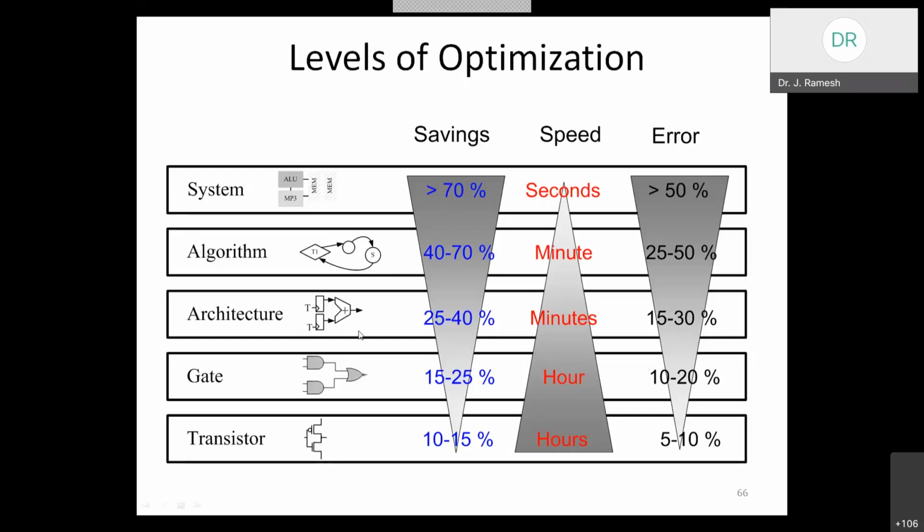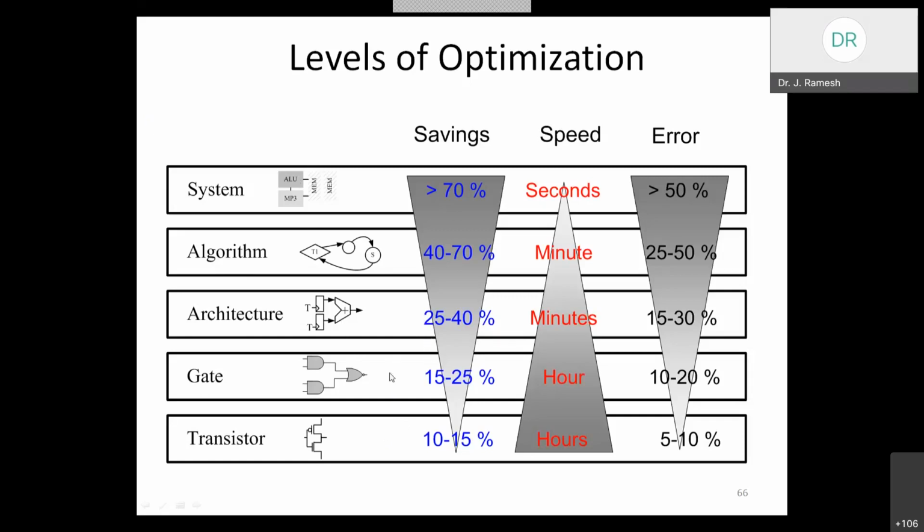But the computational resource requirement, if you see at the transistor level, we need more computational resources for performing the optimization as well as the analysis or the estimation. But at the system level, we can have relatively low computational resources to perform the optimization, estimation or analysis.